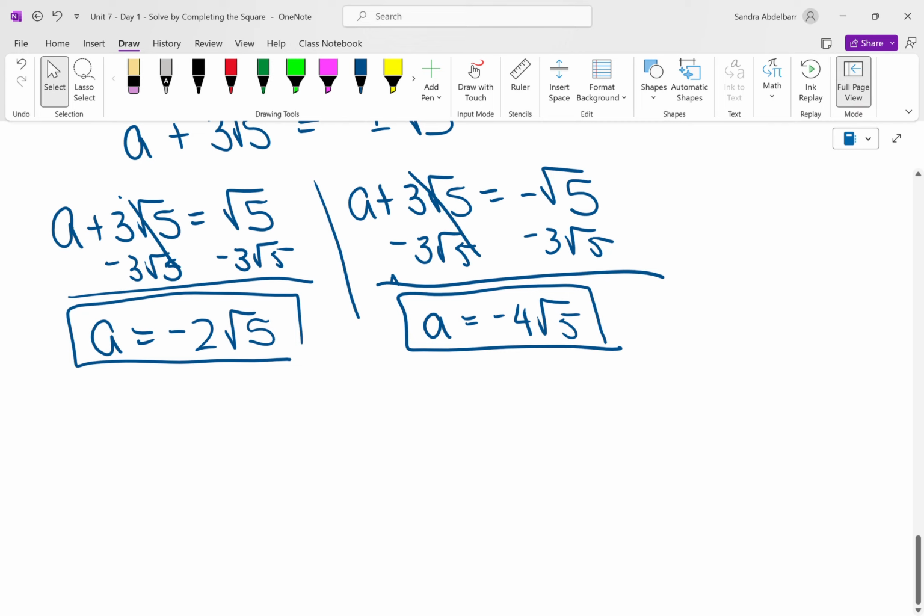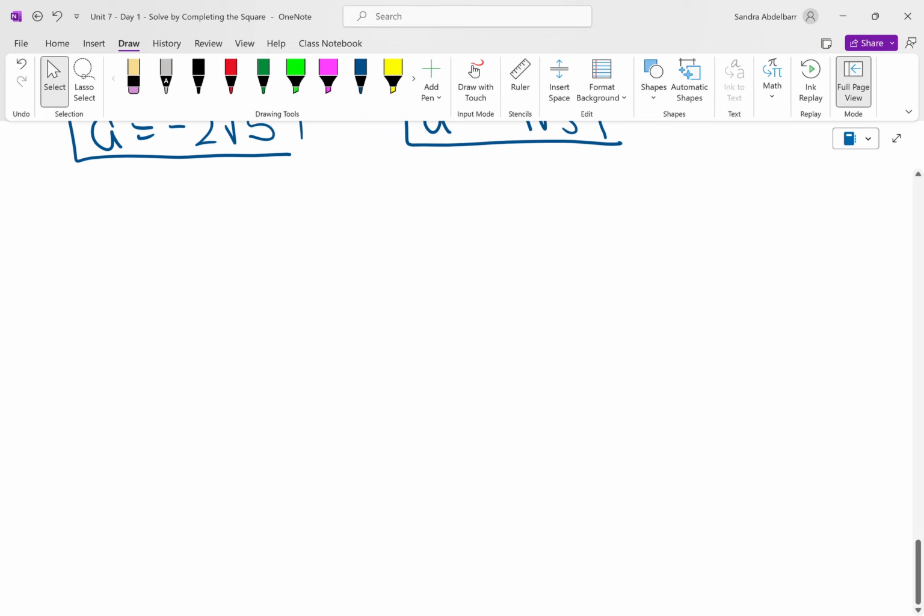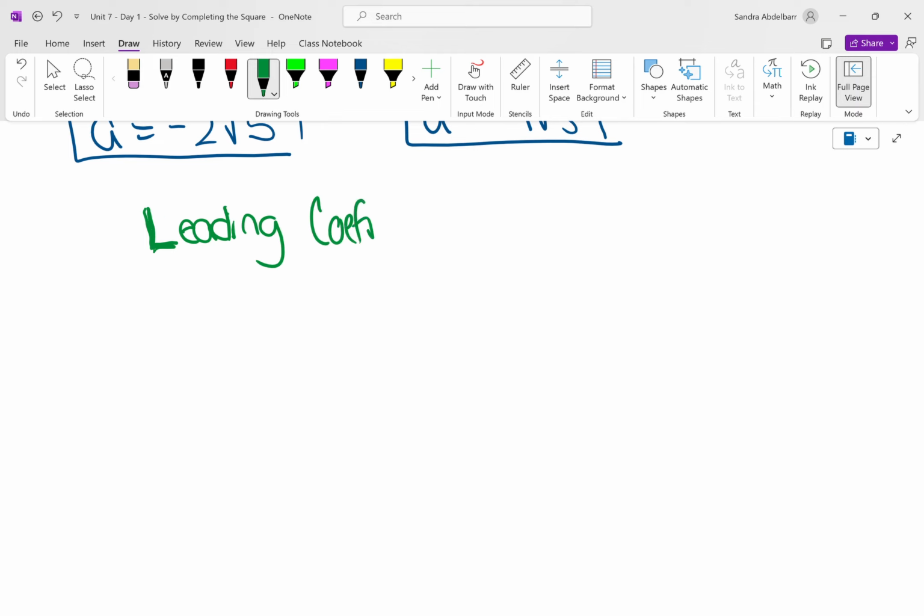All right, I have a few more problems, I think. Okay, what do we do when the leading coefficient is not 1? When the leading coefficient does not equal 1, what I want you to do is divide it out.